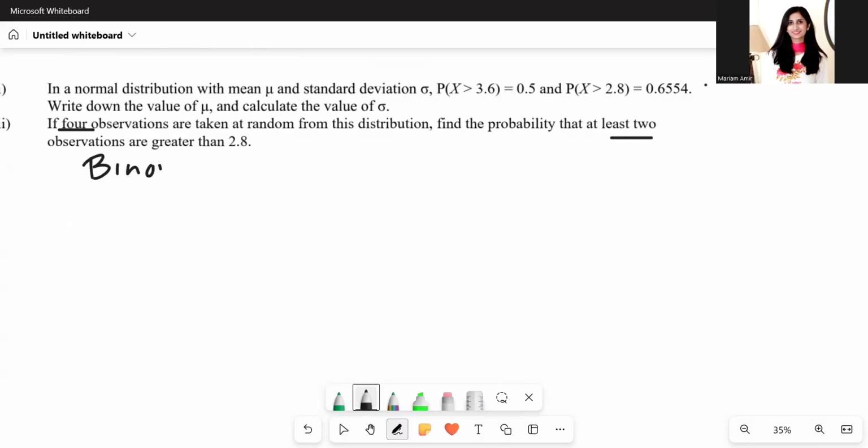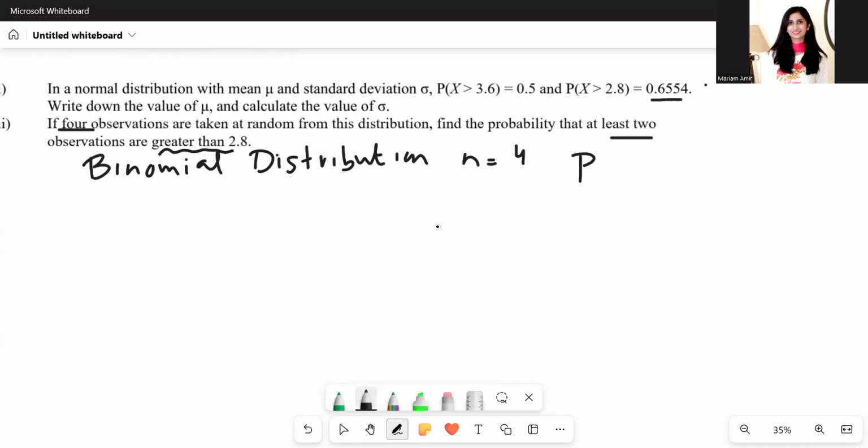So you need to understand that part 2 is on the topic binomial distribution, where the value of n is 4 and the probability of success is the probability that the value is greater than 2.8, which is 0.6554. Okay, so we have to find the probability that at least 2 observations are greater than 2.8.